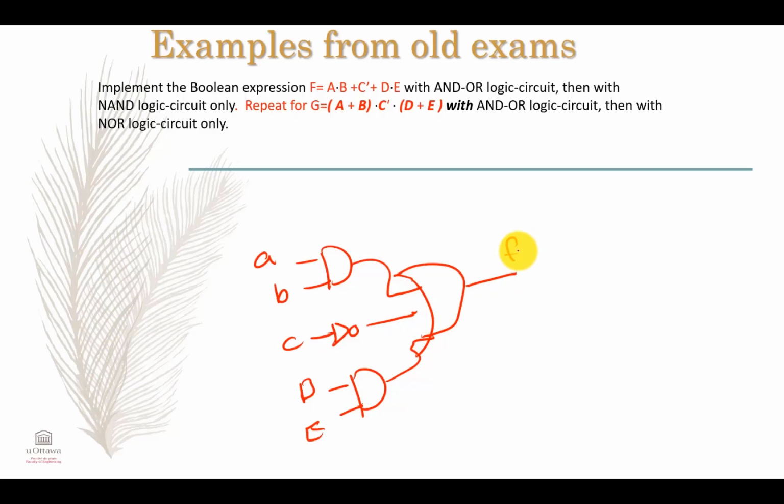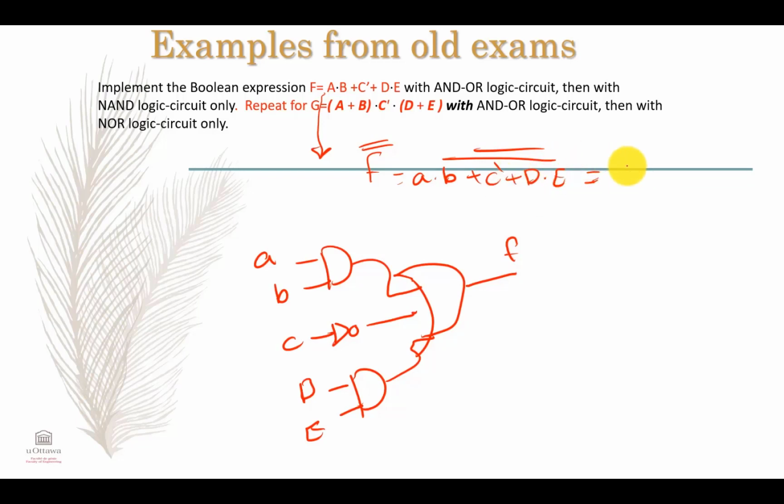So I can implement this function by applying the DeMorgan law. DeMorgan states that F equals AB plus C prime plus DE, and I can take the double prime for this. Then after that, I have to change the operation between each of the terms.